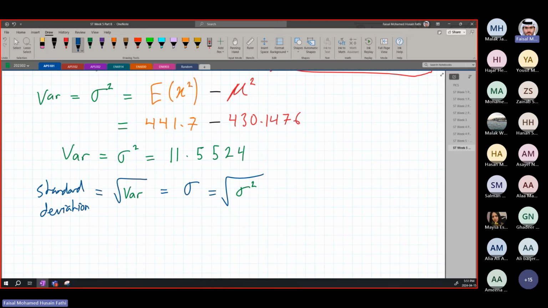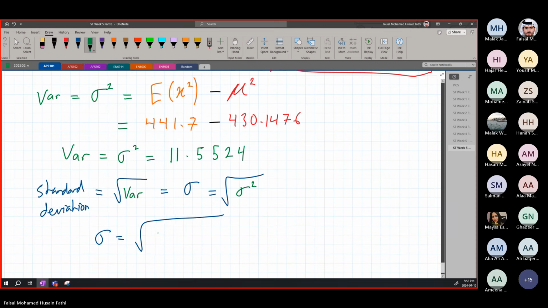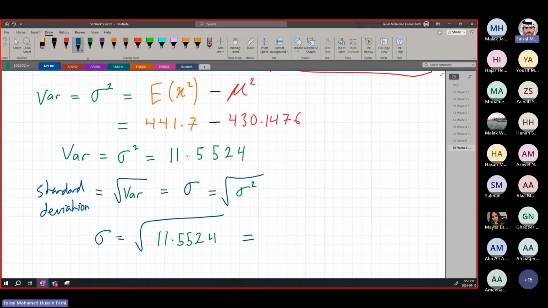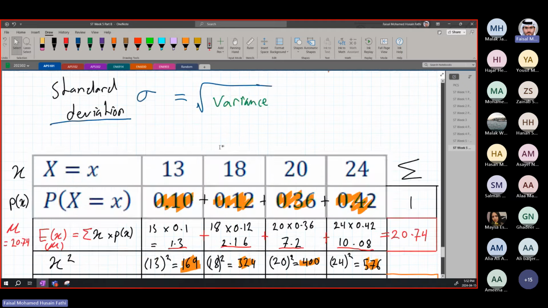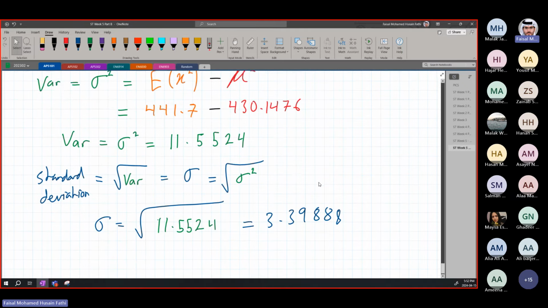So our sigma is simply going to be equal to the square root of 11.5524, which is 3.39888.